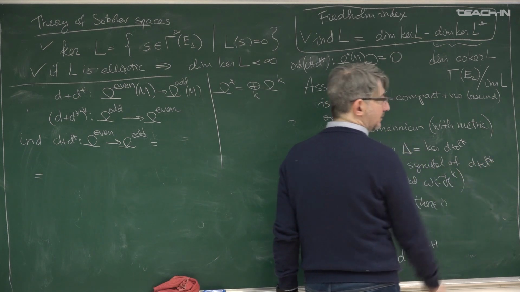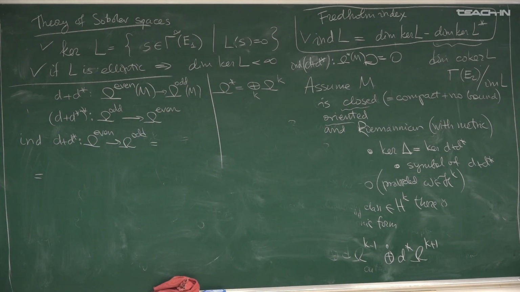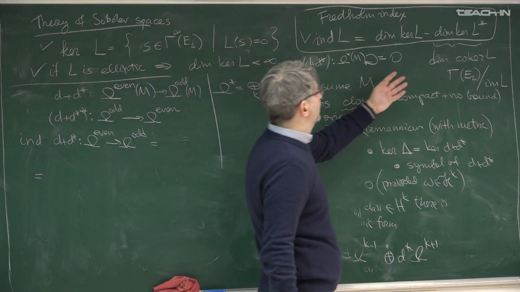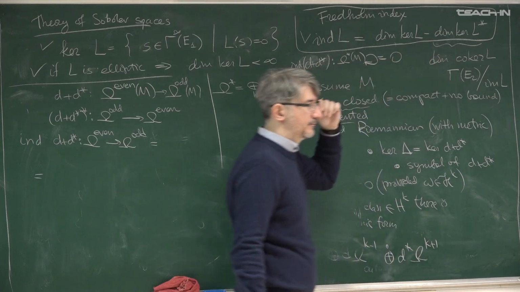It's a very, very funny thing. So, dear friends, please, let us calculate the index of this operator. The question is quite simple. What do we need to check? The dimension of the kernel minus the dimension of the kernel of the adjoint operator.